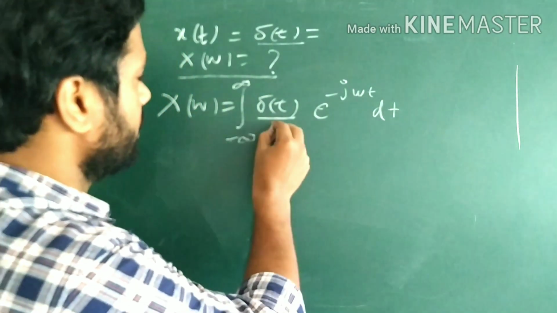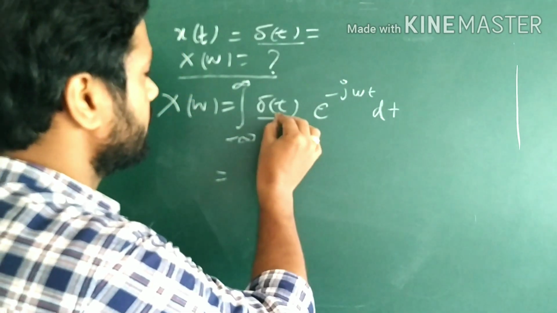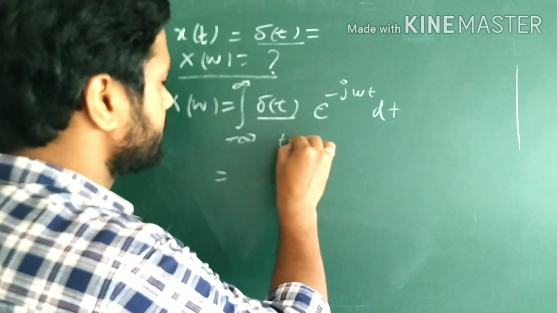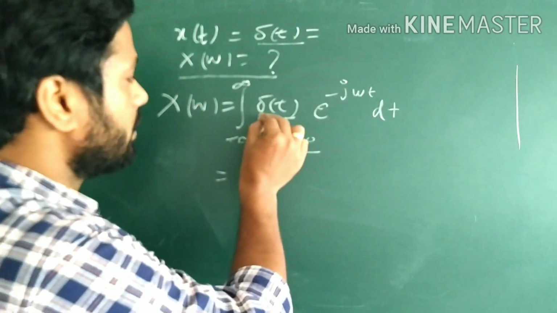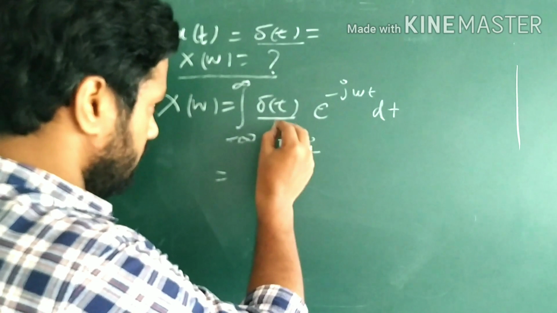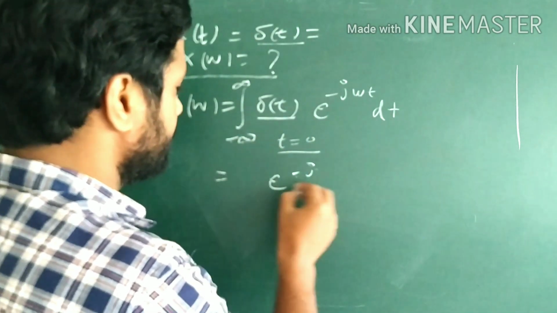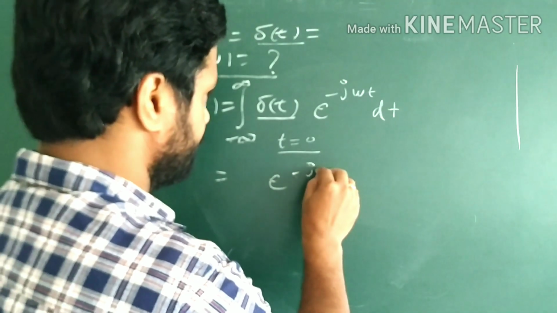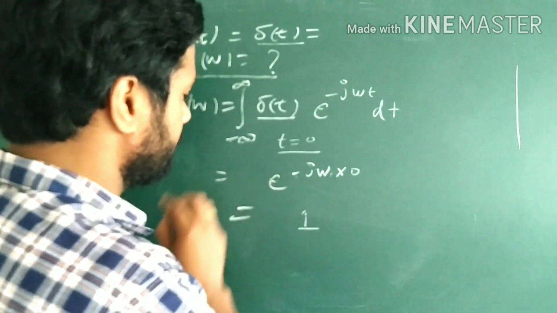So what is the value of that integration? We know that delta(t) only exists at t equal to 0. So by the property of impulse signal, we put t equal to 0, so the value of the integration will be e to the power minus j omega multiplied by 0, that is, it will be 1.